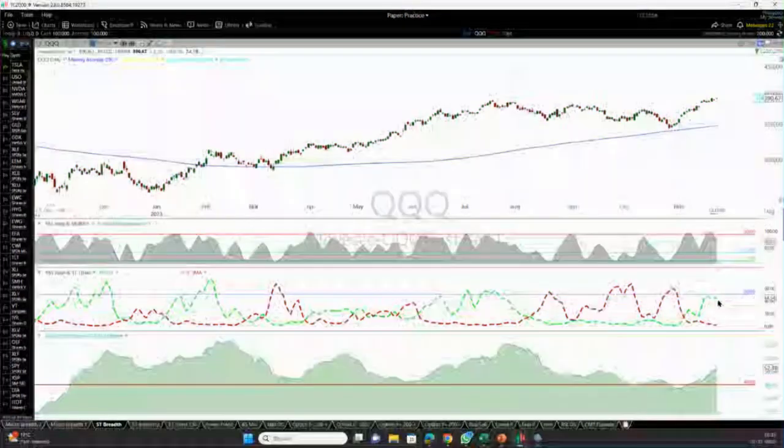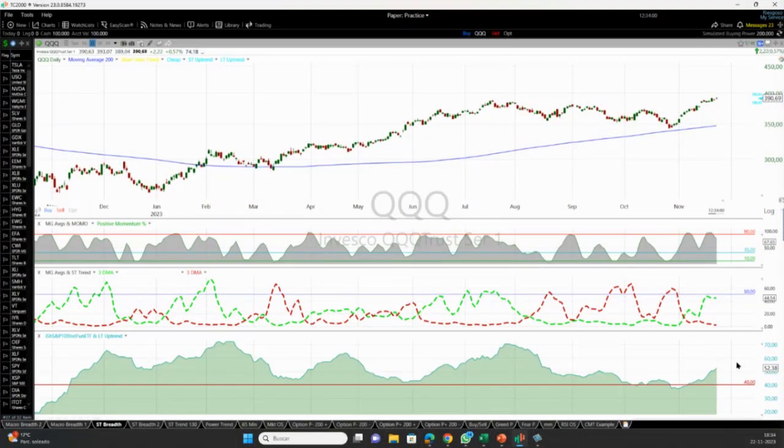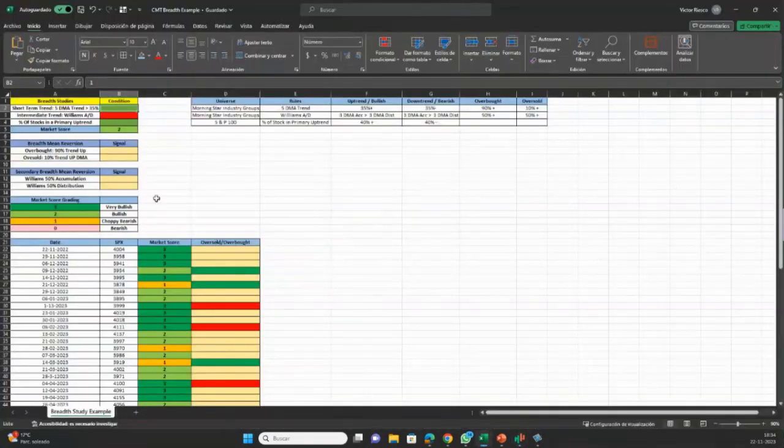And we see 52% of stocks above their 200-day moving average. So we have 3 out of 3 bullish. We can do this day-to-day or week-to-week, and track our market score and how it correlates with the market action.